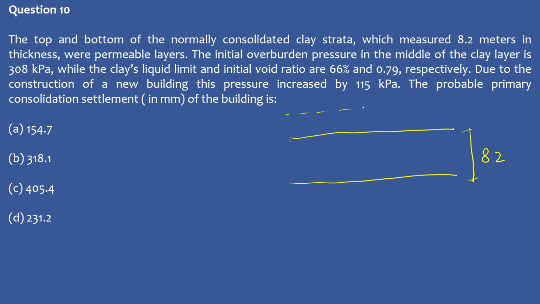At both ends you are having permeable layers. So this is permeable layer 1, this is permeable layer 2, and this is your clay strata, 8.2 meters.